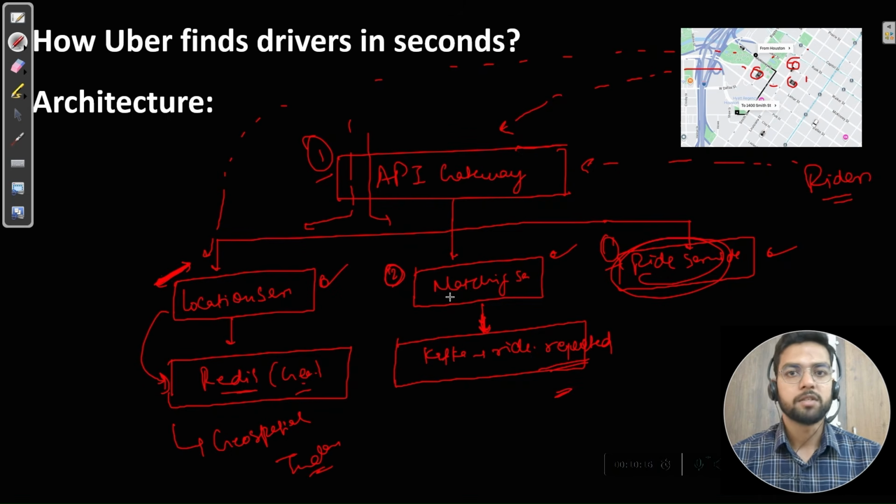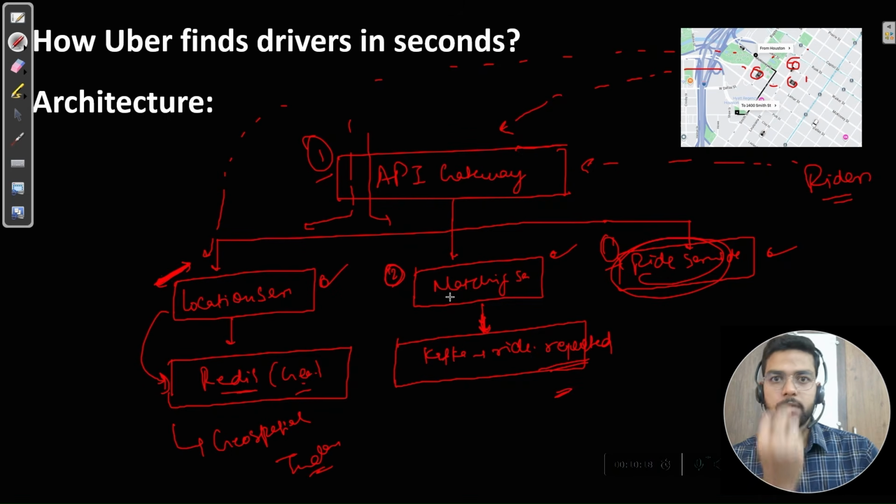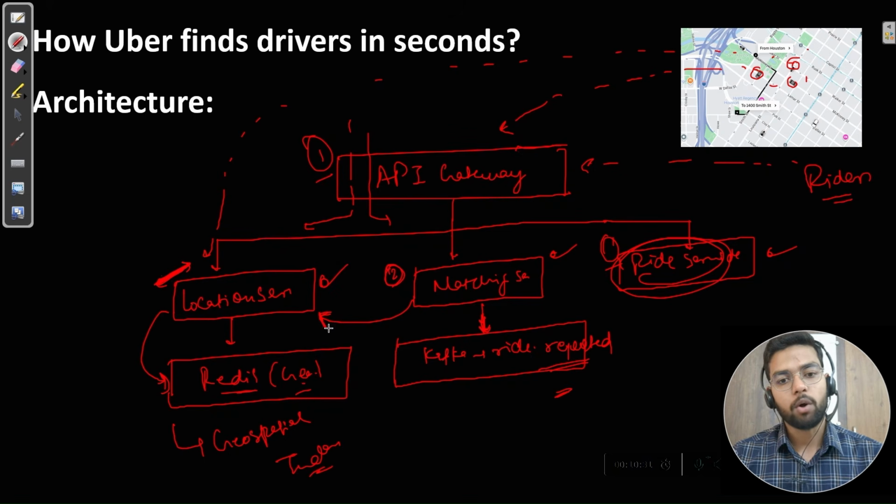Then the matching service consumes that event and calls the location service, because the location service is responsible for collecting the driver locations. It processes this to find the best drivers within 5 kilometers, the nearby drivers.